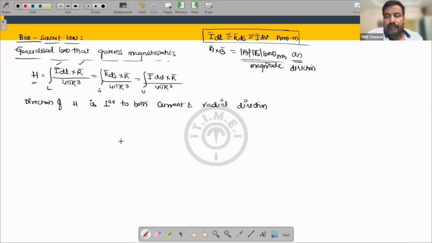Unlike electric field, if you remember, electric field is always along the radial direction, whereas magnetic field is perpendicular to both current and radial.